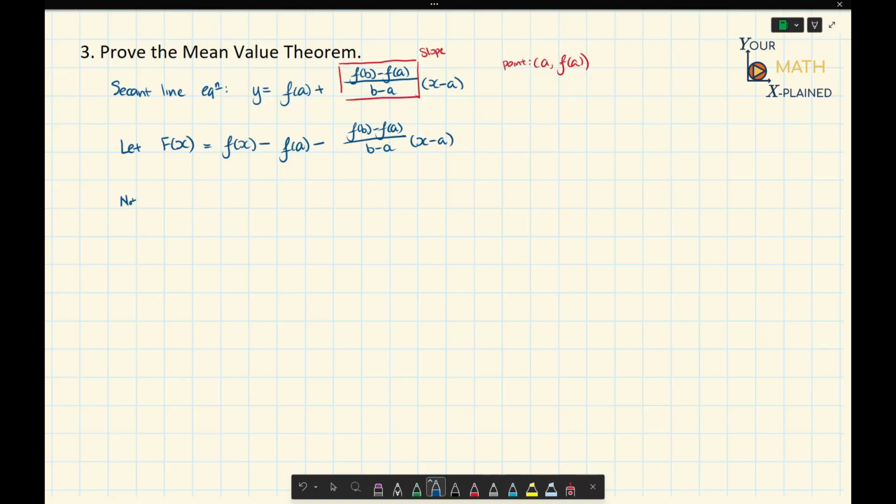So now note that at our endpoints, capital F of A is equal to 0, and capital F of B is also equal to 0.